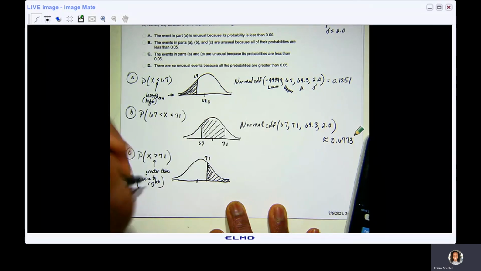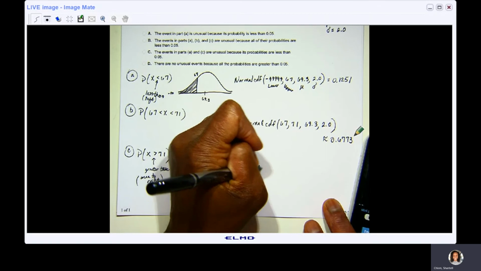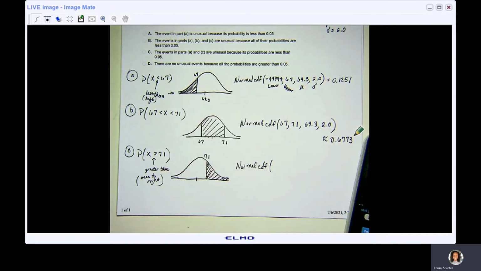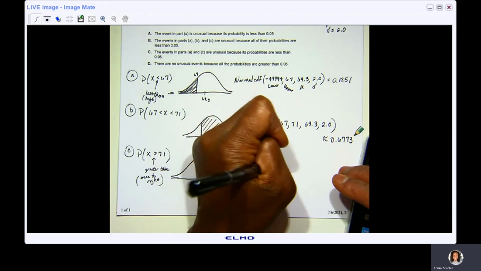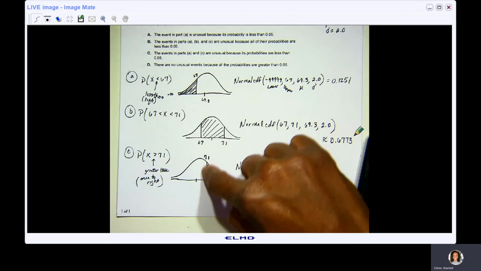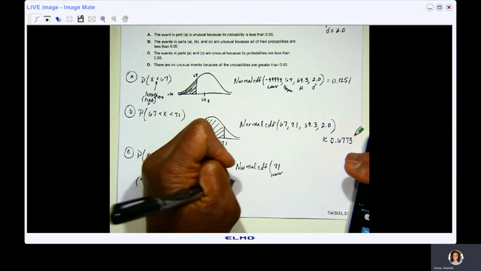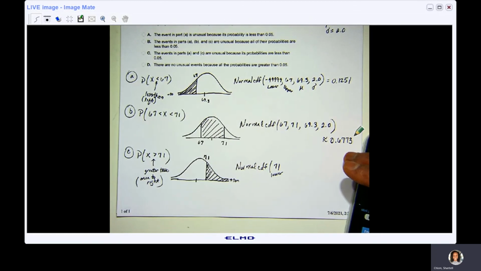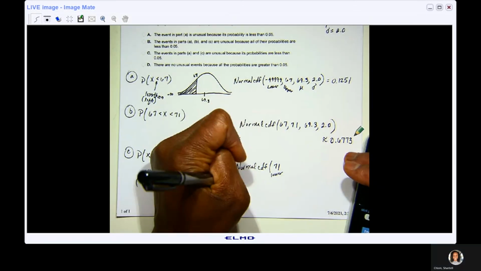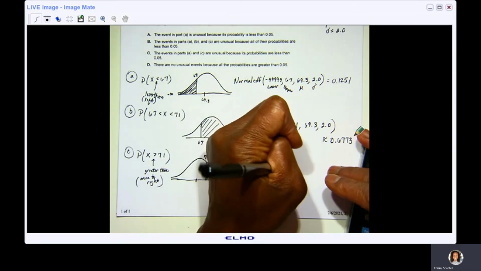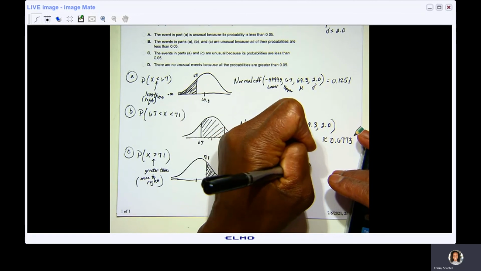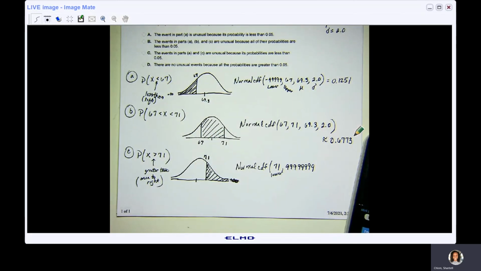Okay, so I'm going to use normal CDF again here. I've got my lower bound of 71 because that's what's binding that area on the left. It's approaching positive infinity to the right, so I would have positive 99999, not negative.